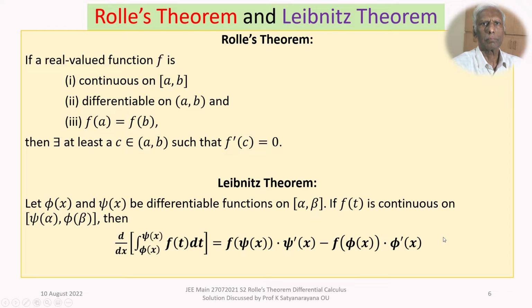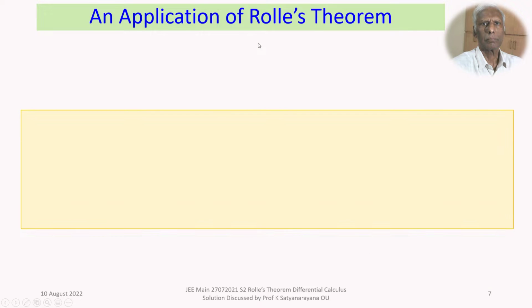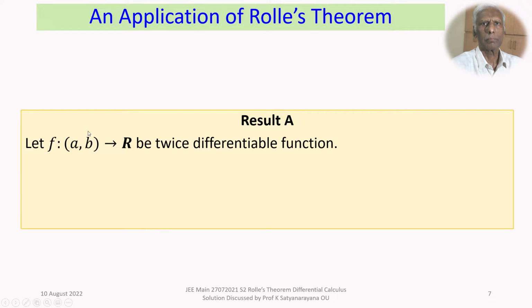And it is a very important theorem. And we also use a very well known result, A we call it, and that is, let f be a real valued function defined on the open interval (a, b), and it is a twice differentiable function.